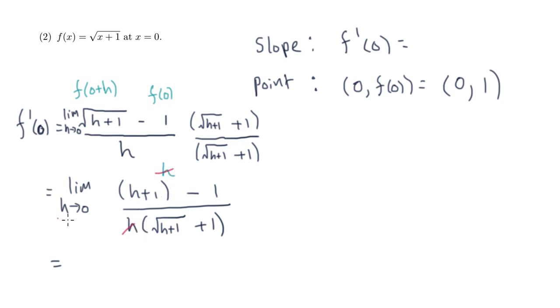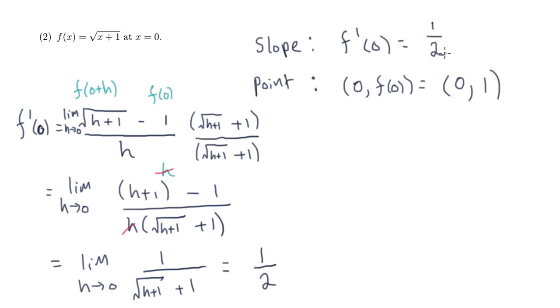And of course, again, in the limit as h goes to 0, I can ignore h equals 0. And so what I'm left with is the limit as h goes to 0 of 1 over square root of h plus 1 plus 1. But now I can actually take the limit. So as h goes to 0, this becomes 1. So 1 over 1 plus 1 is 1 over 2. So the slope of the tangent line at x equals 0 is 1/2.